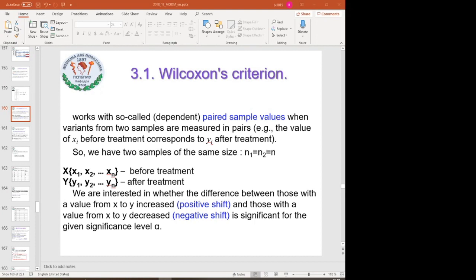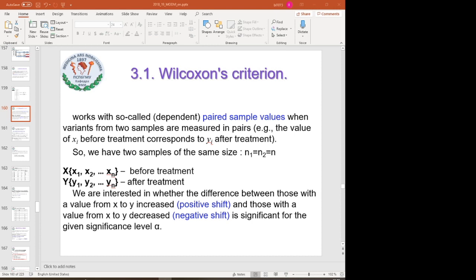The next criterion we will study is a non-parametrical criterion. This means that samples might not be normally distributed. In this case, we cannot compare using Student's criterion, the t-test, cannot use asymmetry and excess, cannot use Fisher's f-test criterion. But what to do?